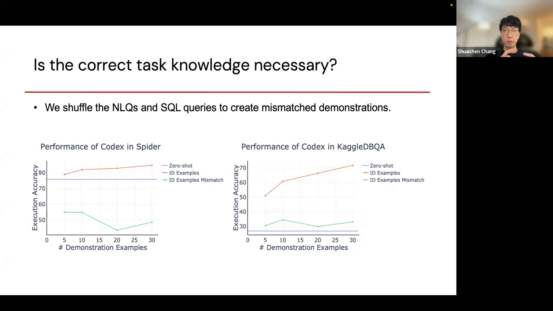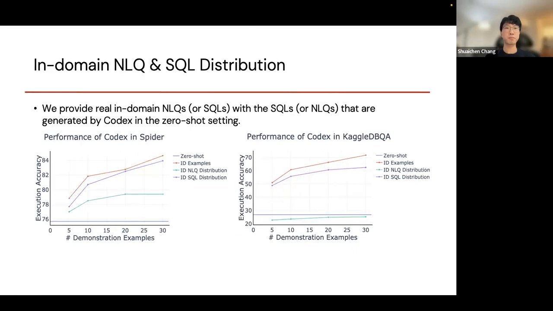However, we do a simple ablation on the data: we create a mismatch between natural language questions and SQL queries in the demonstration. We find the model basically could not leverage this demonstration even for the in-domain setting. That shows us the task knowledge, even though not sufficient, is still necessary in this task.